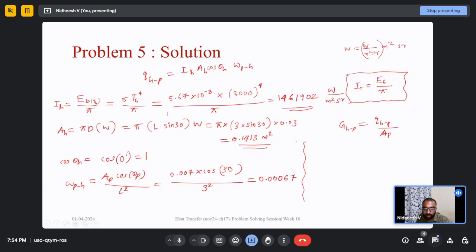Now we have all the quantities that we can substitute in our heat transfer rate equation, and we can finally get the final desired answer by multiplying this with this with this with this. Let's see how much we get. 1461902 multiplied by 0.1413 multiplied by 1 multiplied by 0.00067.